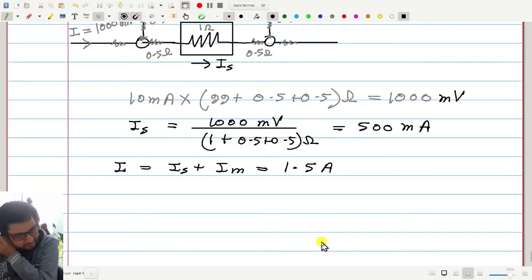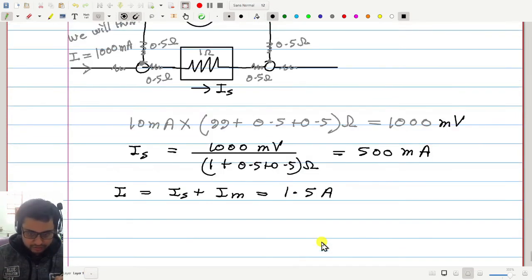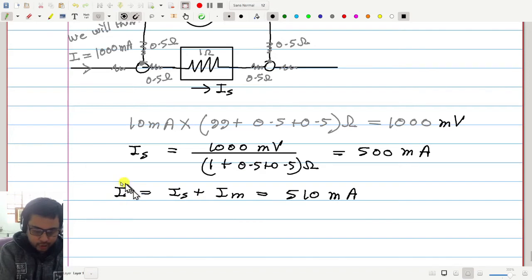Please check once. So IM is 10 milliampere, plus 500 milliampere, 510 milliampere it should be. Okay, so this is the actual current.